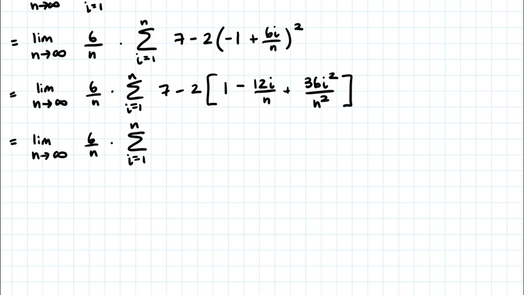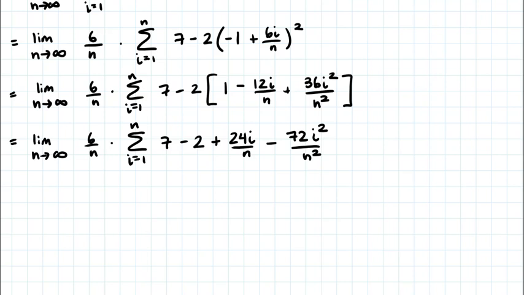Okay, so continuing on simplifying the inside of our summation, if I distribute the -2 in, we'll get 7 minus 2 plus 24i over n minus 72i squared over n squared.